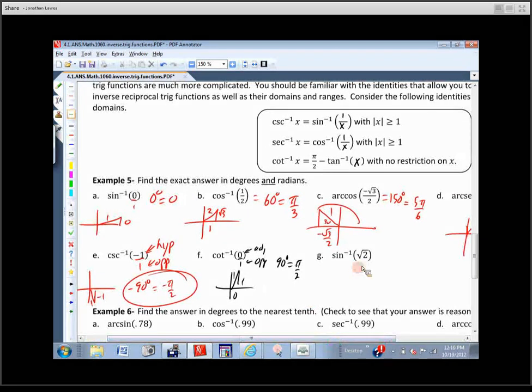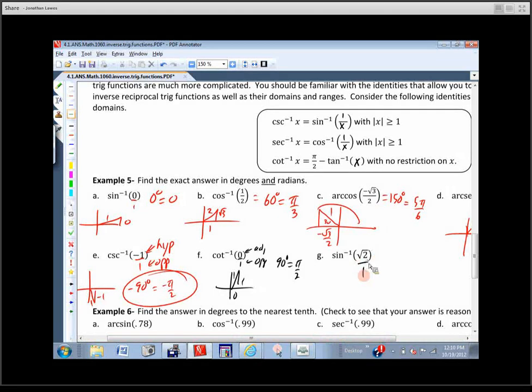Okay, let's take a look at this one right here. Sine inverse of radical 2. How do you do that? Can you do that?